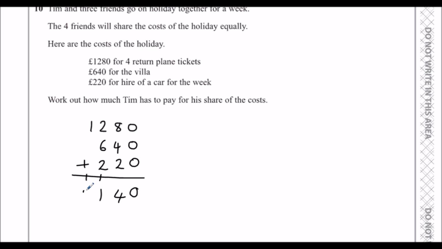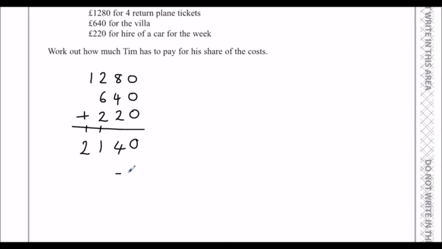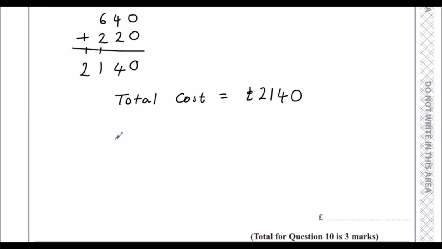And 1 and 1 makes 2. So the total cost is £2,140, and we need to share that out between 4 people.